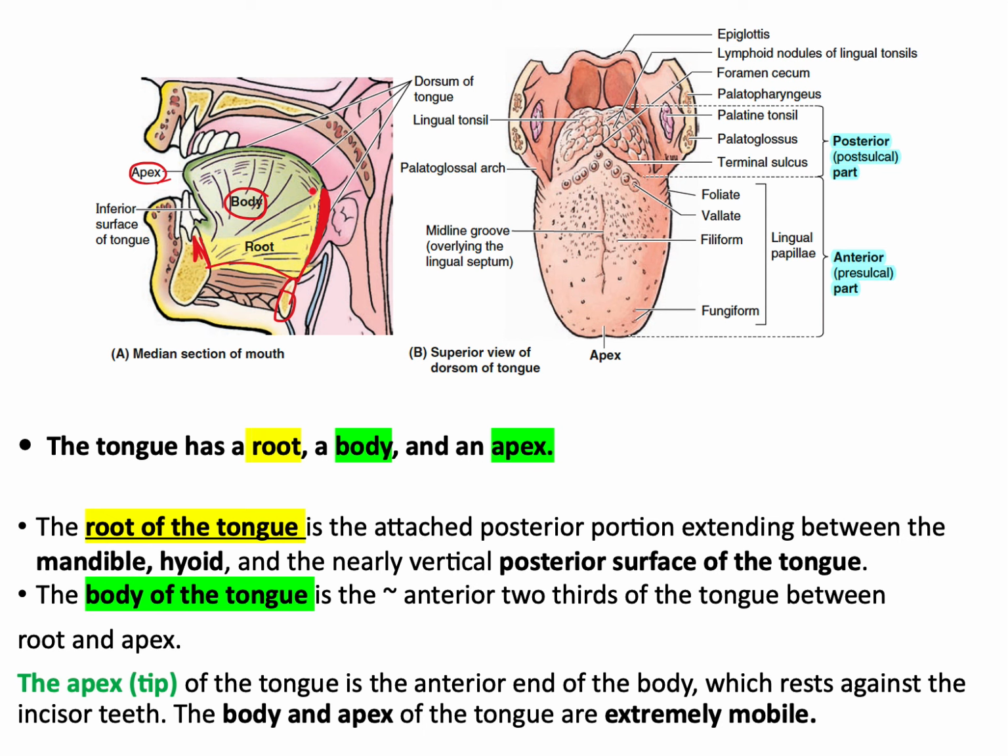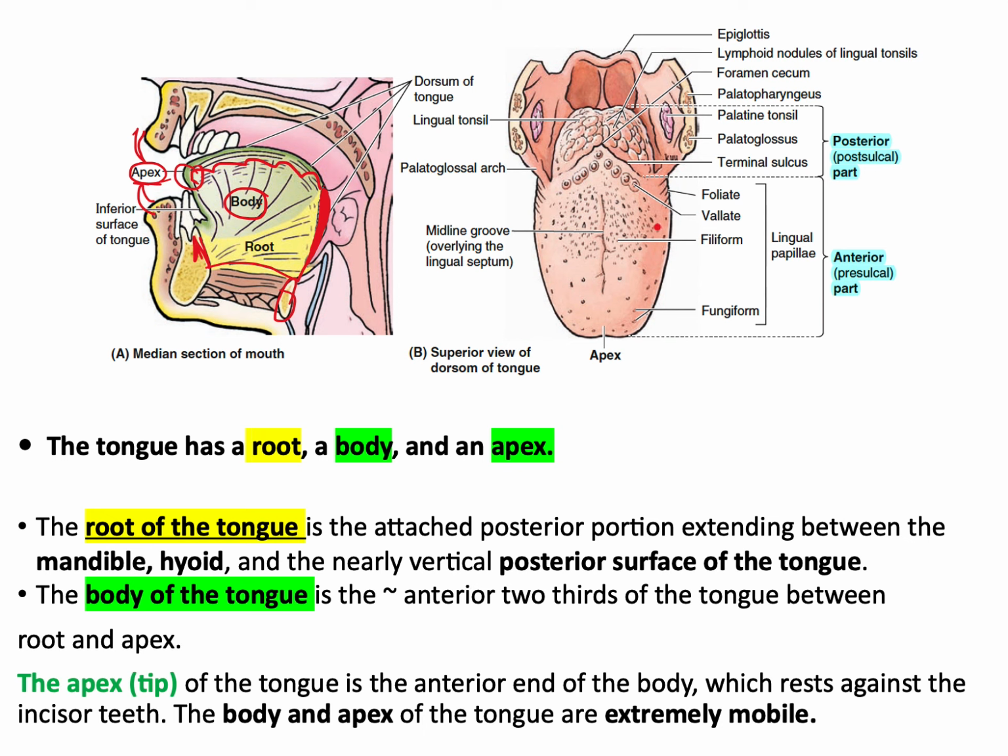The body represents the anterior 2/3 of the tongue, and the apex is a part of the body, and most of the time it is against the incisor teeth.